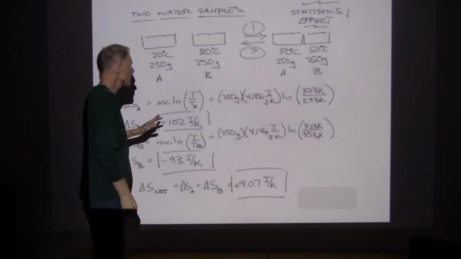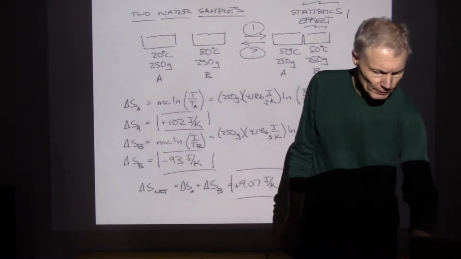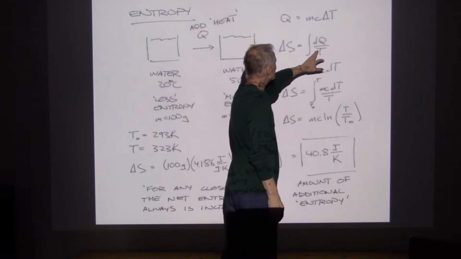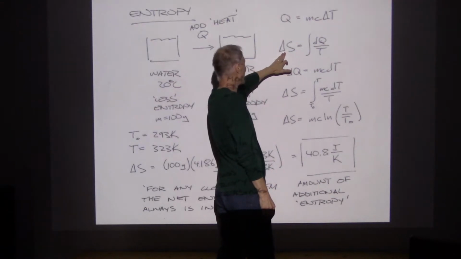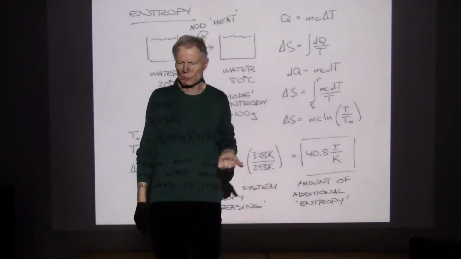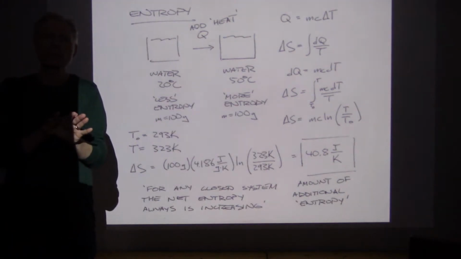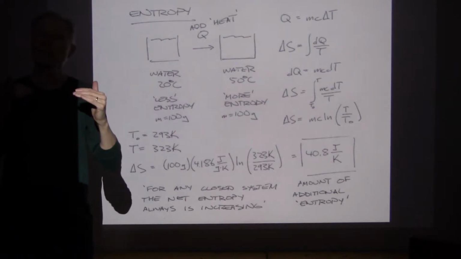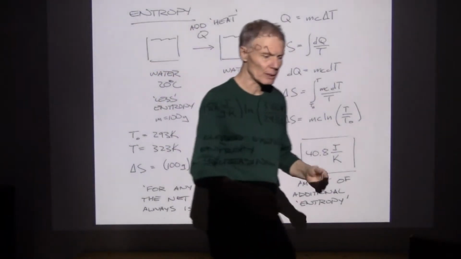Now, if we go back to the starting formula, notice that if I'm transferring the heat at lower temperature, that's more of an entropy change than the same amount of heat being transferred at a higher temperature. And so what that formula tells us is, when I mix materials at different temperatures and allow them to reach an equilibrium temperature, overall the entropy goes up.